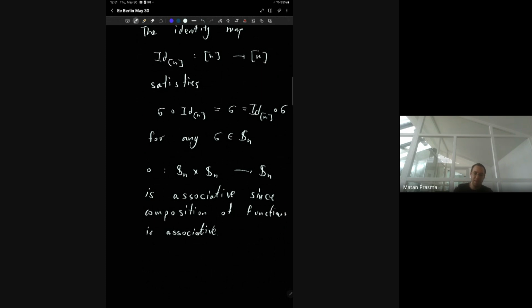And the last axiom we need to check is the axiom of inverse. We need an existence of inverse for every function.